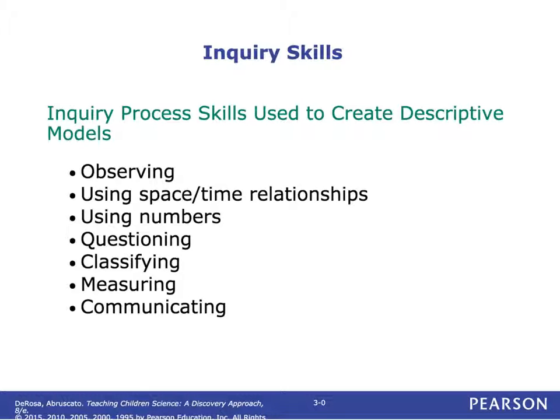This is the most basic process of science. So we are using our senses. We are seeing, we are hearing, we're smelling, we're touching. Hopefully we're not tasting, but maybe we are. It depends upon what the object under study is. If it's a chemical, of course, we're not going to be tasting. But we're using our senses to collect information or data about an object or an event.